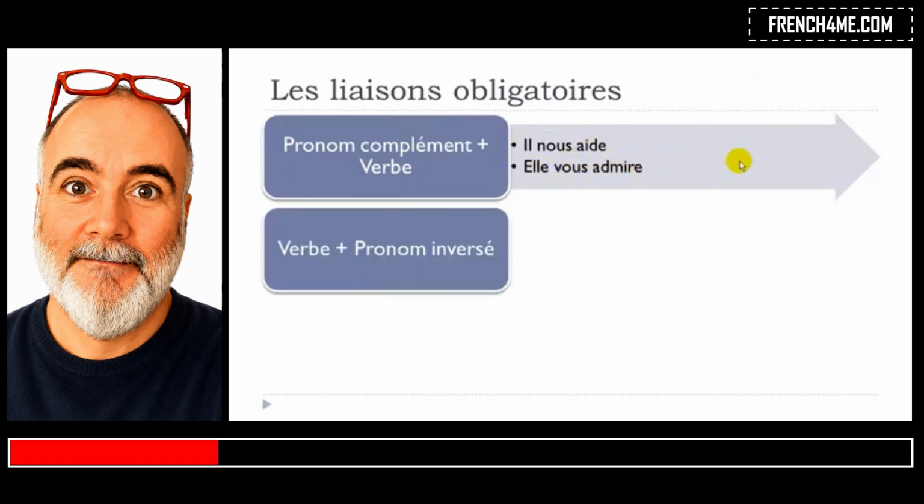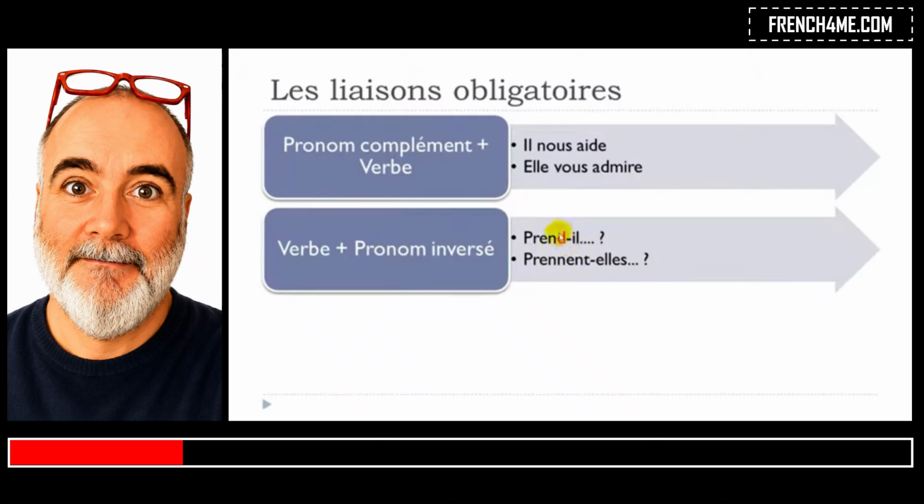Okay? If you've got the verb first and then you put your pronoun after, because normally that's the way we should proceed if we want to construct a correct question. Normally you should put first the verb and after the pronoun, okay? So in this situation, then you should make the liaison.